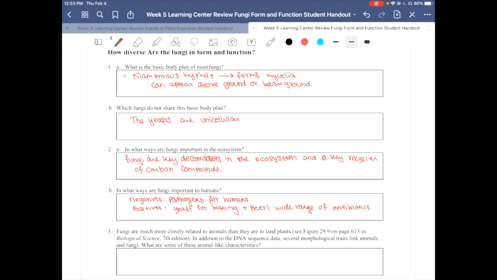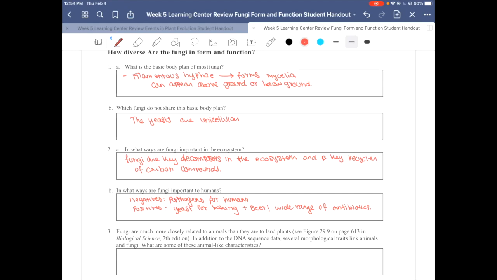Can you guys think of any examples for how they are related or similar to animals? I love those answers. Yeah, chitin and glycogen and also external digestion.